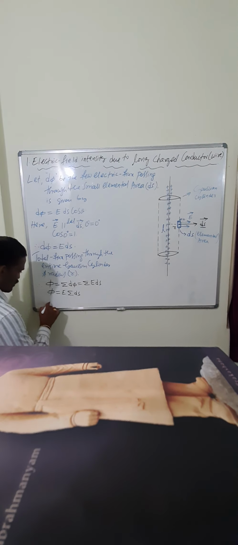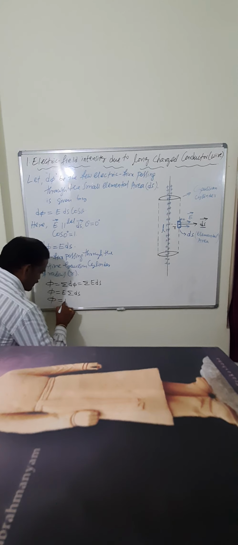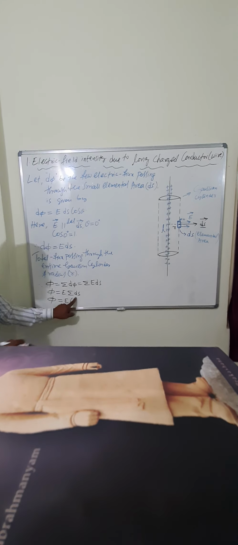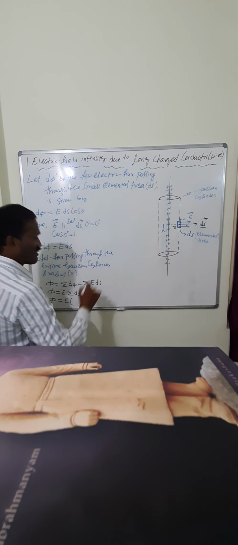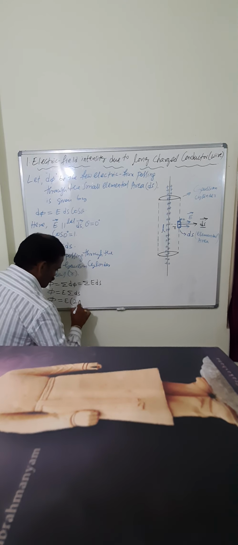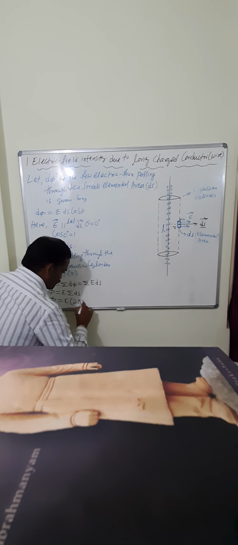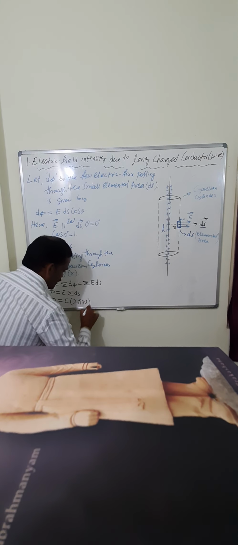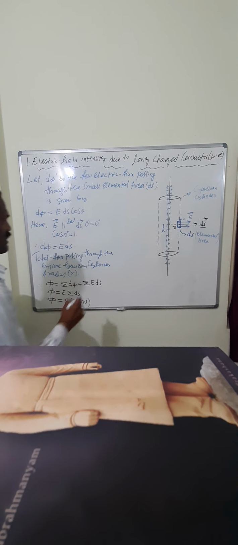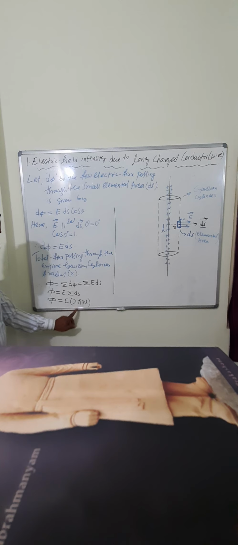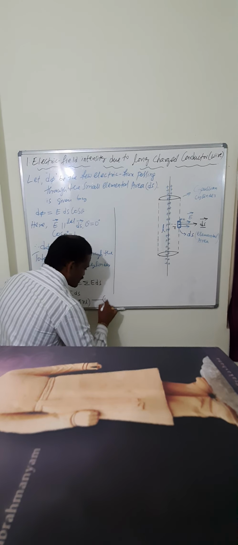Therefore, the total flux passing out through the entire Gaussian cylinder is given by E into the summation of ds. What is the area of the Gaussian cylinder? 2 pi R L. So phi equals E into 2 pi R L. These many fluxes are passing out through the entire Gaussian cylinder. This is equation number 1.